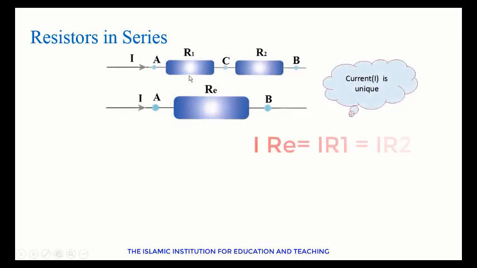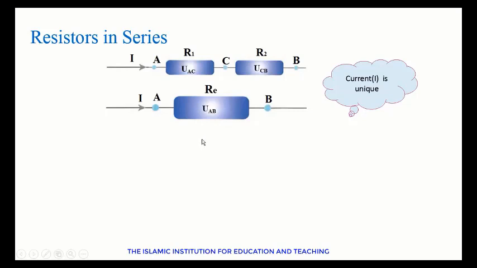This means that R1 and R2 carry the same current, which is I. Also, RE carries the current I. What about the voltage? The voltage across R1 is UAC, and the voltage across R2 is UCB, and the voltage across the grouping is UAB, which is the voltage of the equivalent resistor.